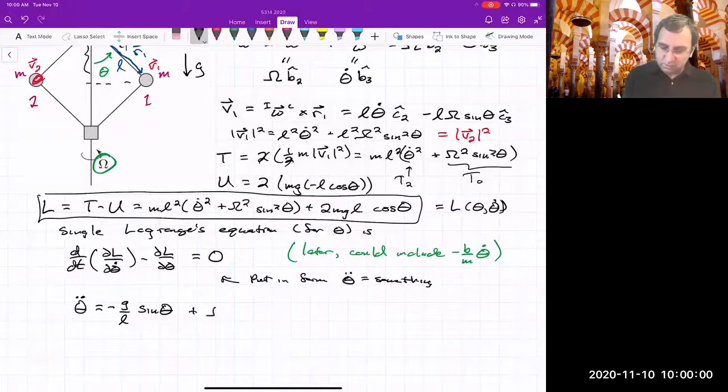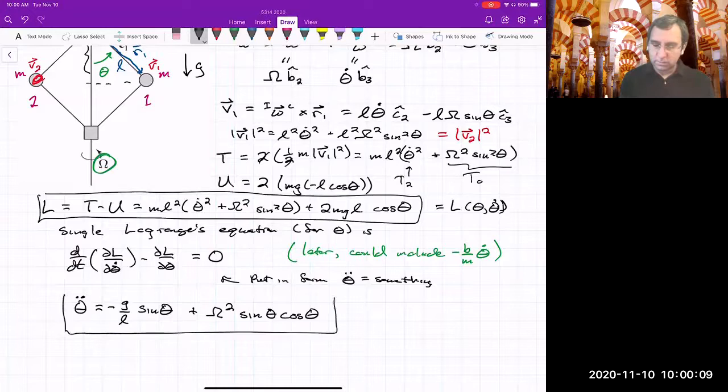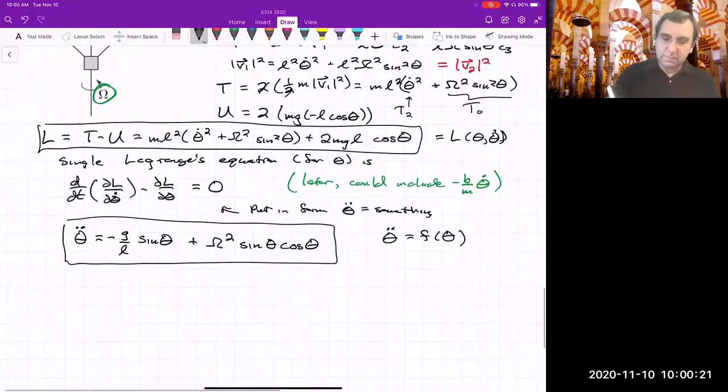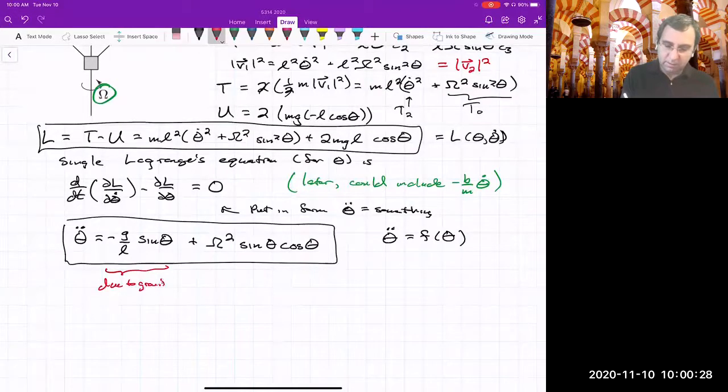But then we have this extra part due to the rotation of the whole system. So theta double dot equals some function of actually just theta. It's not a function of theta dot. And we could write the terms on this right-hand side as the effect due to gravity and the effect due to rotation.